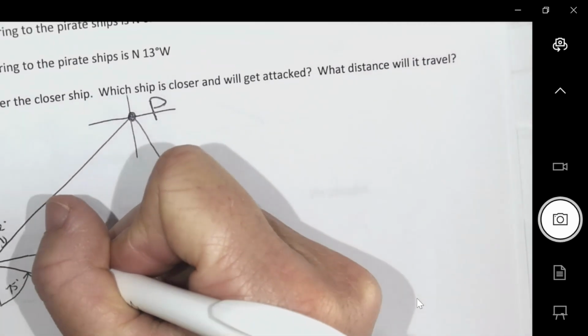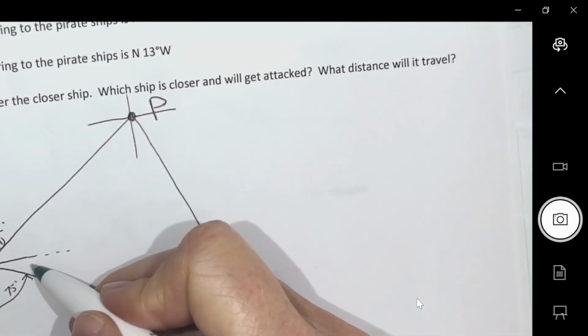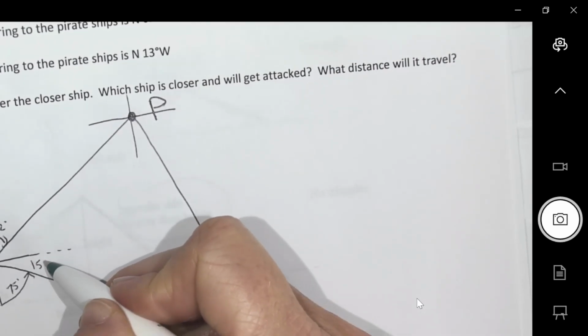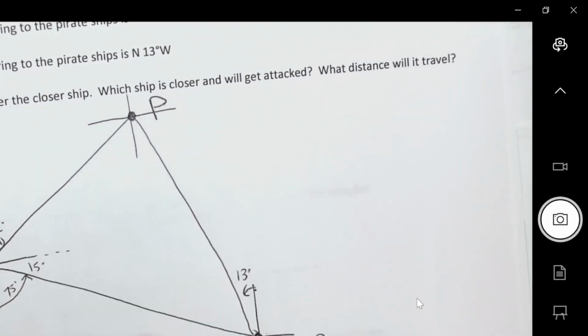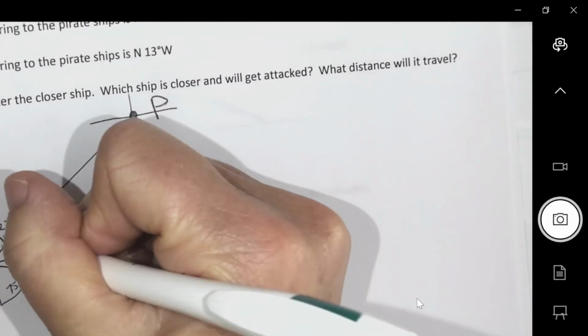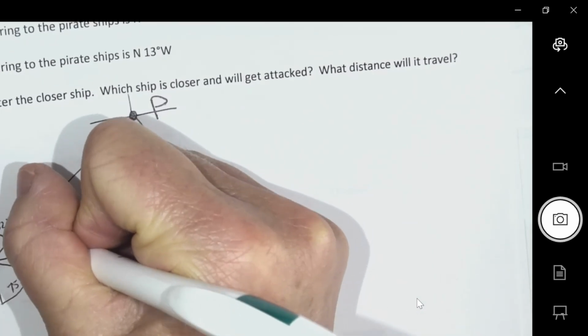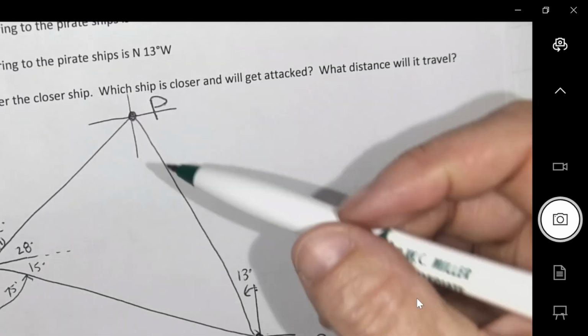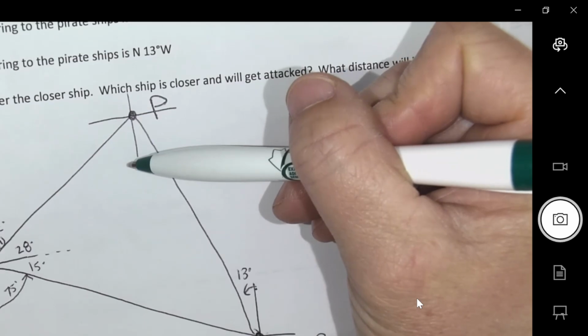So let's go, what is beside the 75? What makes that 90? 15 there. What goes beside the 62? Is that 28? Okay, I'm adding to 90 in those corners, right? On a compass, those would add up to a 90. Can we do some flip-flops on the top here with angles?